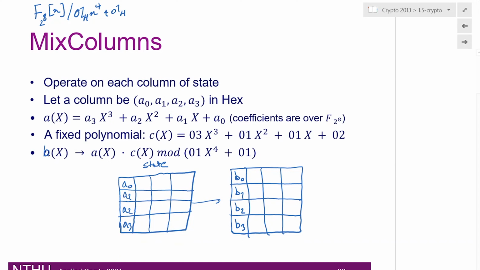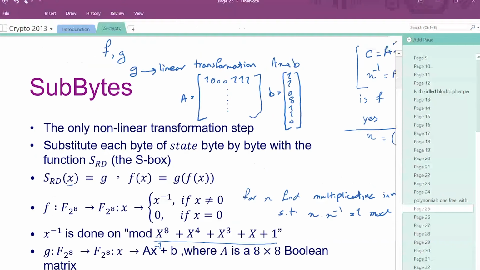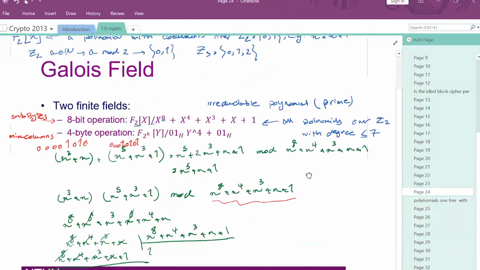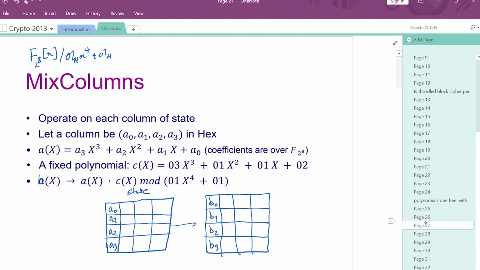Going back, I think I already discussed this case. Of course, this is under a different polynomial, but imagine that we have again these 2 polynomials. We multiply them together. Instead of dividing by the earlier polynomial, I would divide it with this one, 01 hex x4 plus 01 hex.